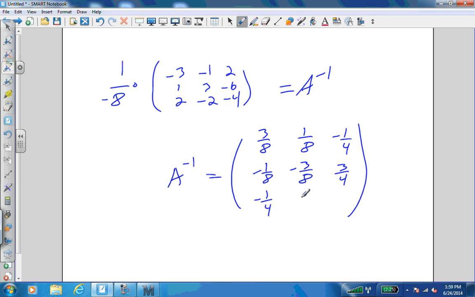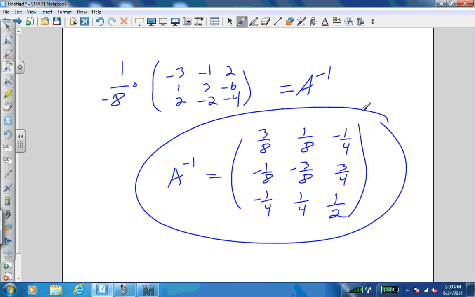That's just the opposite, so positive 1/4. Negative 4 over negative 8, that's positive 1/2. So if we did everything correctly, that should be our inverse of A.